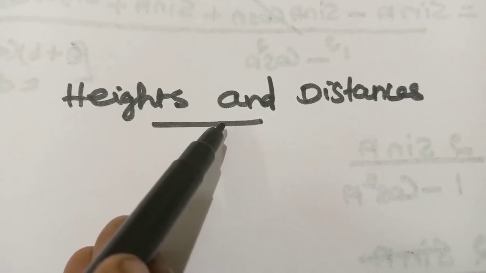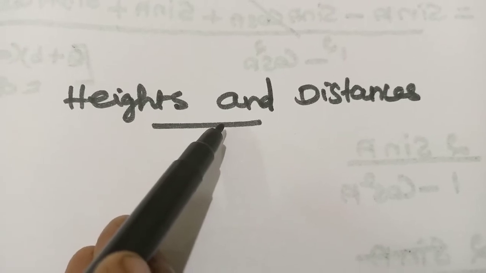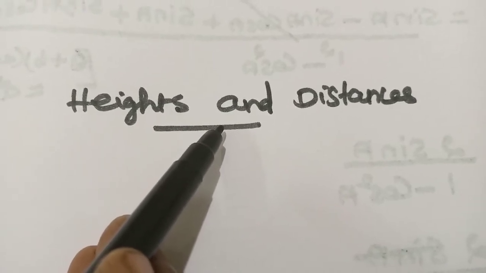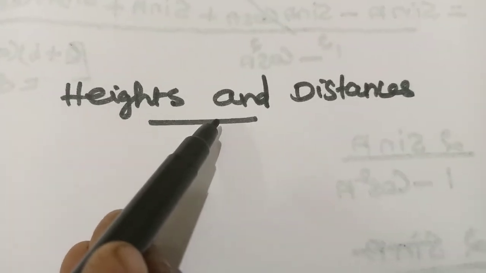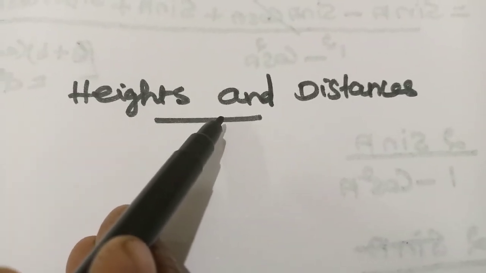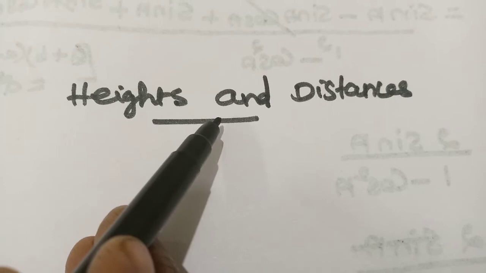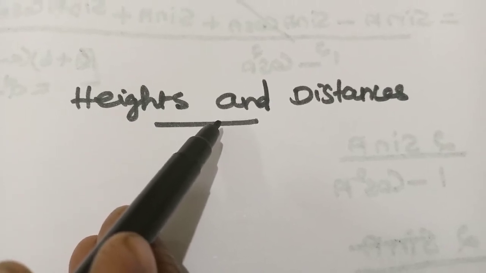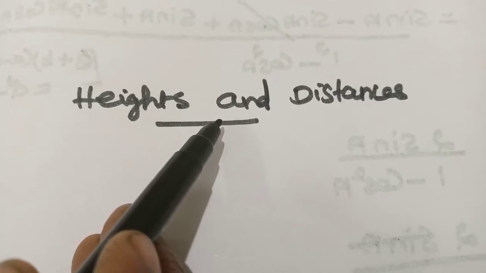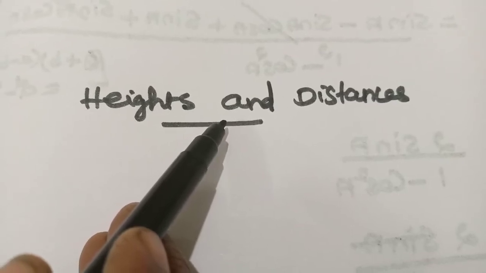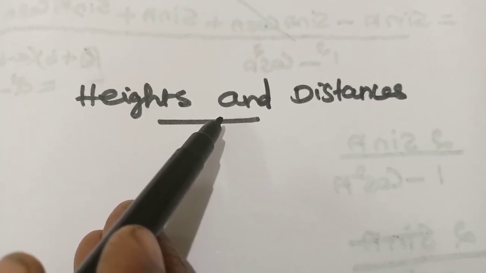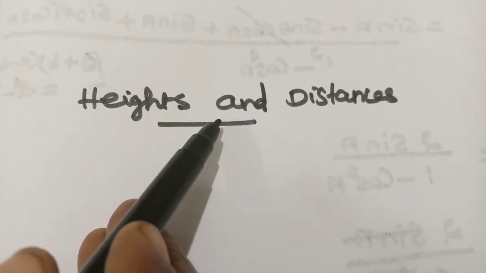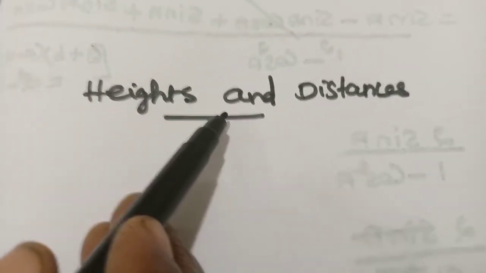For example, the height of a tower, mountain, building or tree, the distance of a ship from a lighthouse, the width of a river, etc. This process of finding heights and distances is the best example of applying trigonometry in real life.